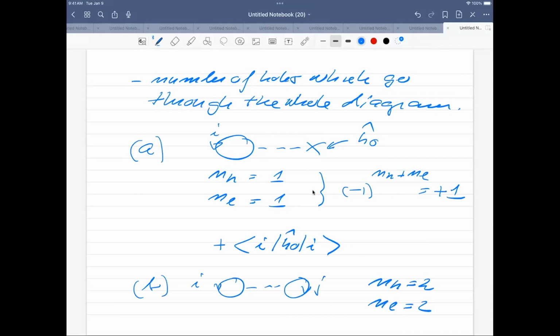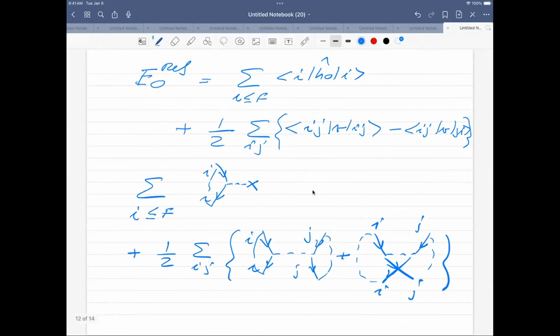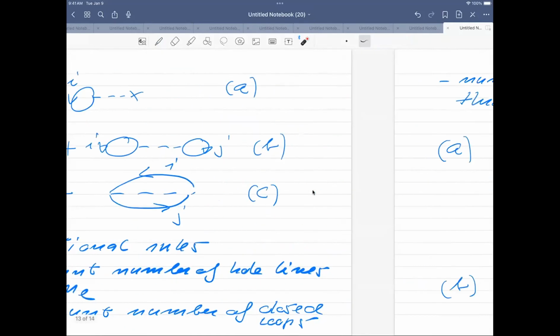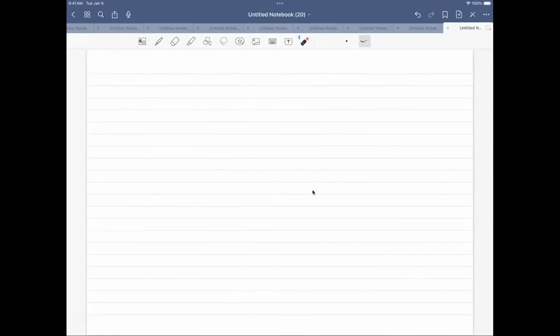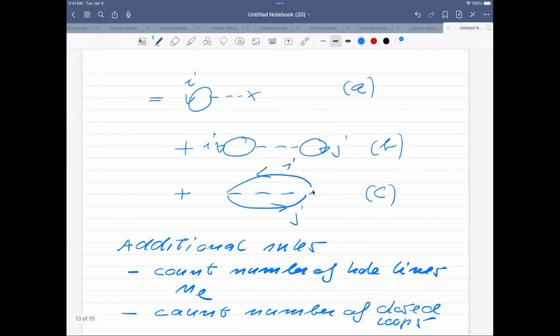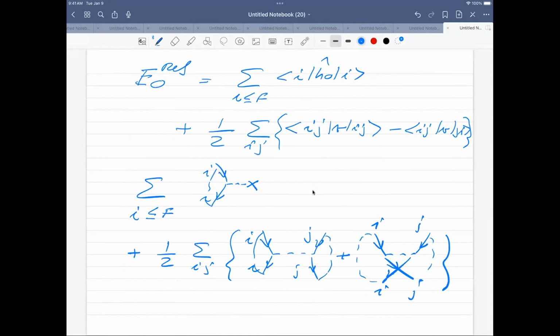Now, there's another factor which comes in if you look at this factor of a half which we have here. There is an additional rule which we need to add. There's going to be a factor of a half because we are summing freely over all single particle states. You could have written this expression which you see here with i less than j, and then you would not have had the factor of a half.